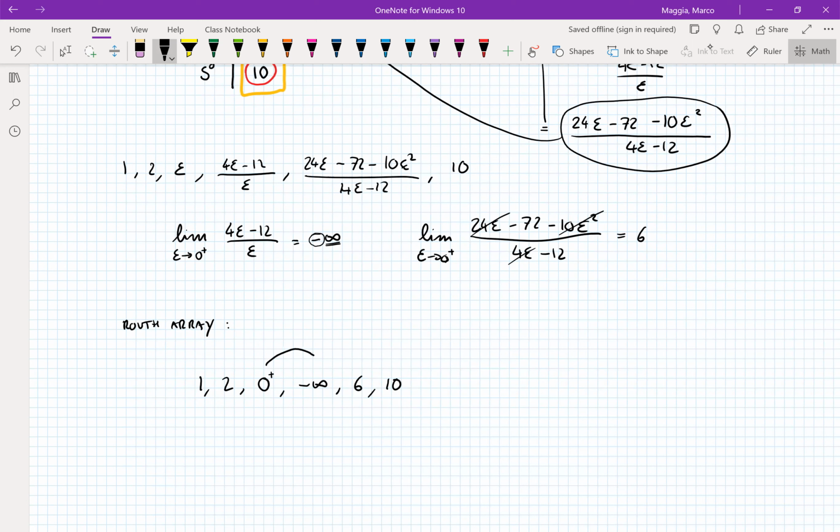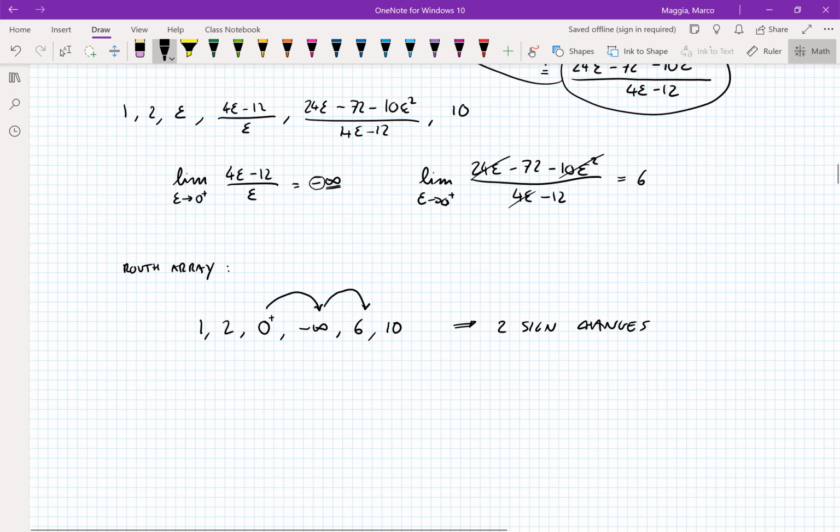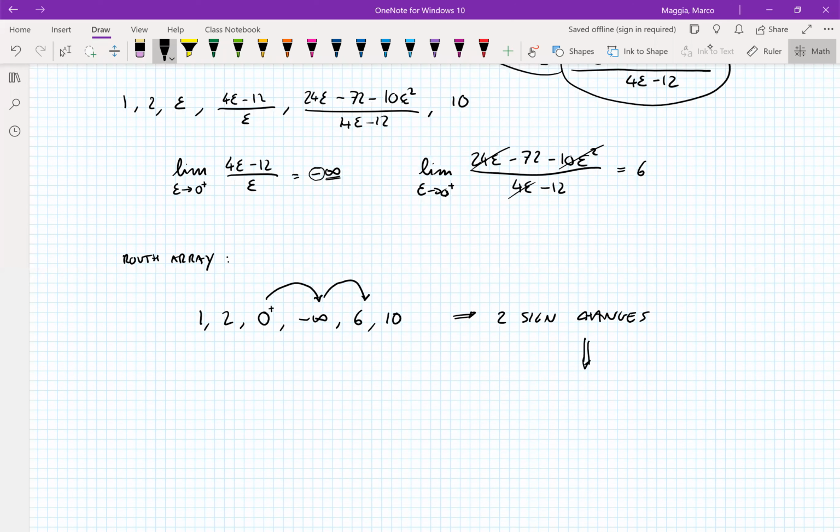So once again, we have one sign change going from 0 plus to minus infinity, another sign change from minus infinity to plus 6. Two sign changes, two poles on the right-hand side, unstable system.